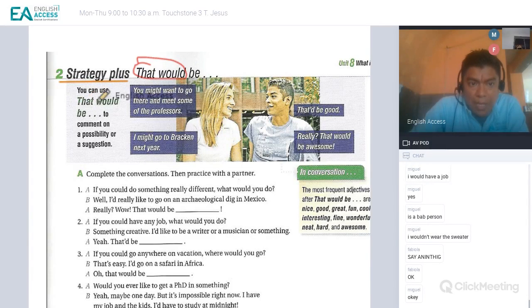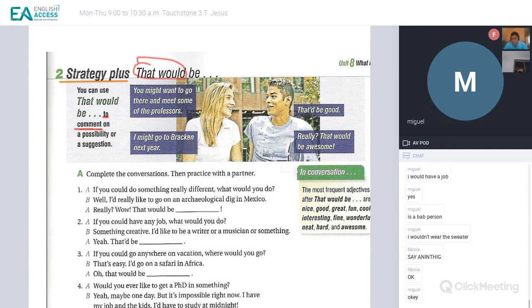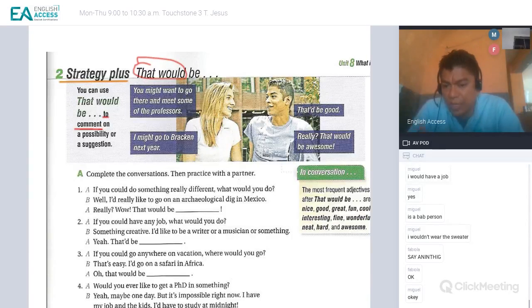You can use that would be to comment on a possibility or a suggestion. Okay. To comment is to give a response, an answer to a suggestion, to an advice.